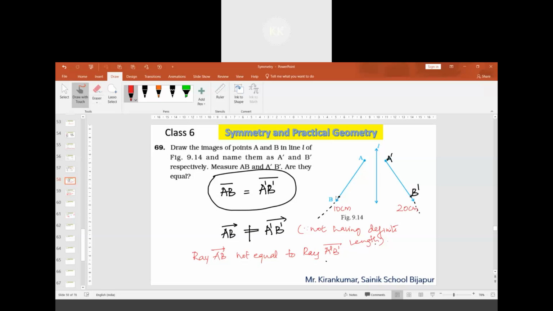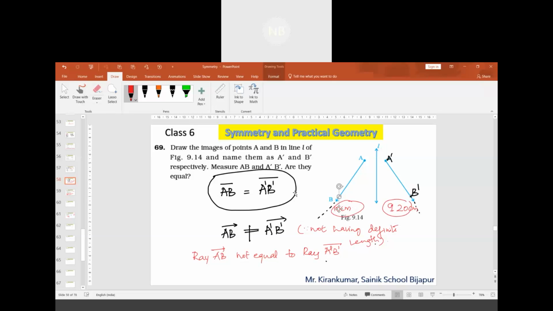Can we say that 10 centimeter and 20 centimeter are equal? You can't say. Somebody else will extend it to 120 centimeter. Your friend doesn't like 120 centimeter, he'll extend it to 920 centimeter. 920 centimeter and 10 centimeter, are they the same? They are not the same.